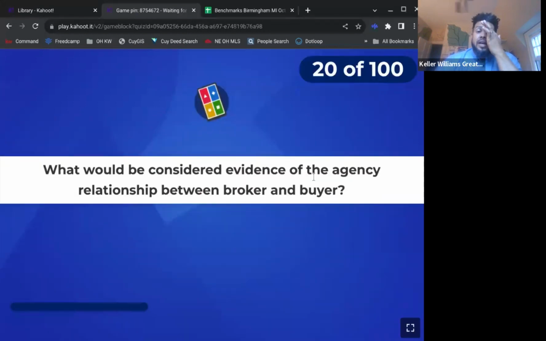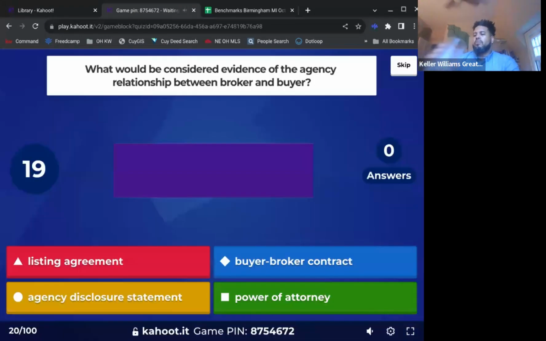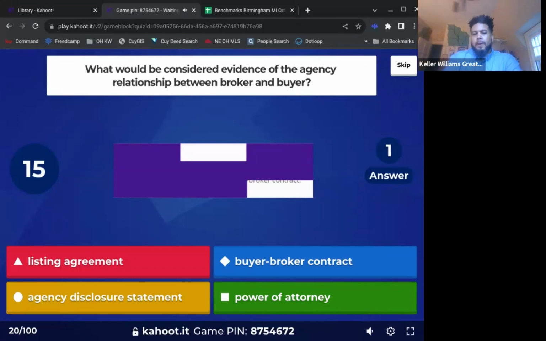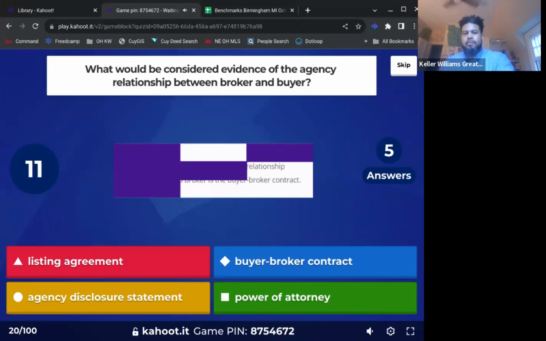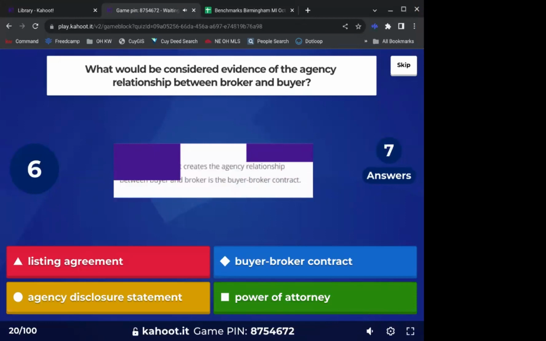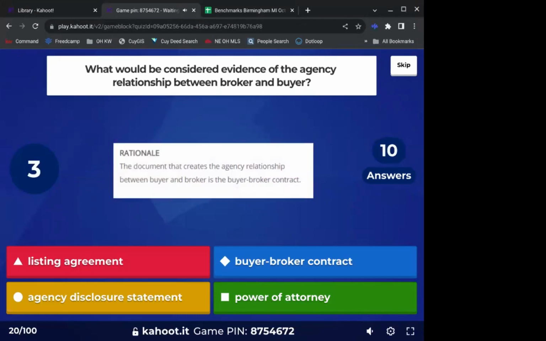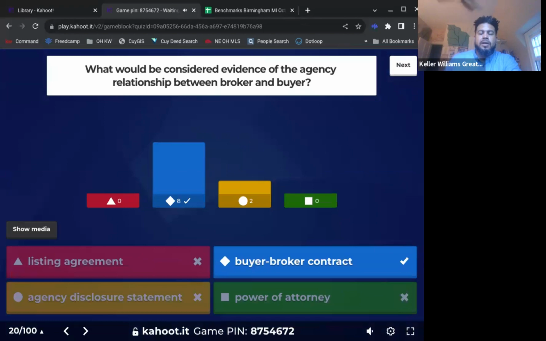What would be considered evidence of the agency relationship between broker and buyer? Buyer broker contract. That would be correct.